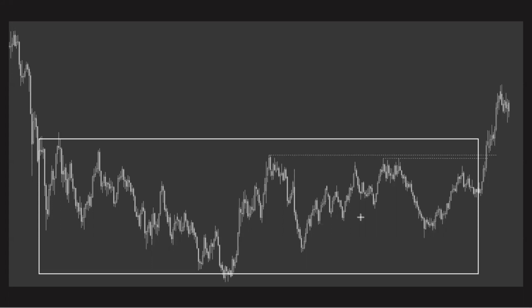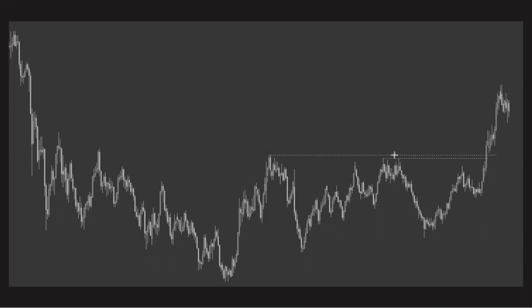And these highs here, which I've delineated with the dotted lines, are what I want to pay attention to, because although they hadn't been touched in a couple of years, you can see that even on this time frame, they still act as triggers for an increase in order flow.